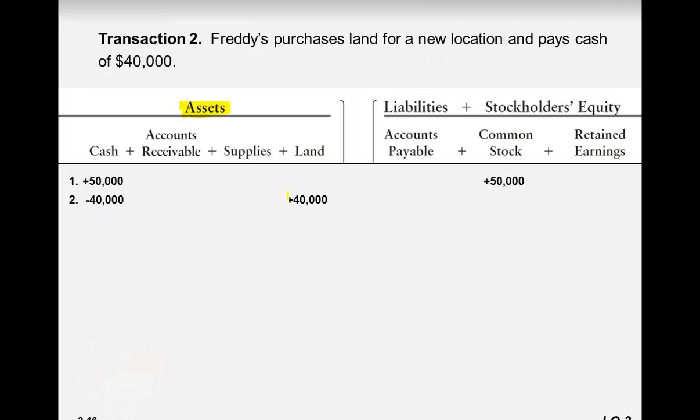And we have the increase of $40,000 and the decrease of $40,000 both on the asset side. So this would not have any effect at all in my total accounting equation because it's just a plus and minus on the asset side.